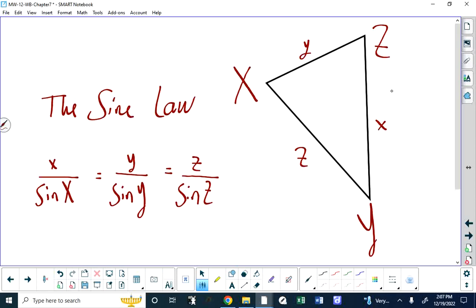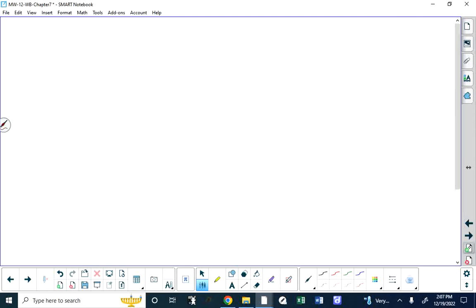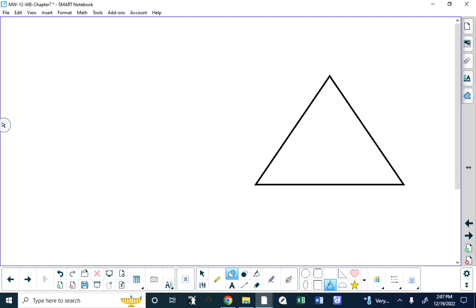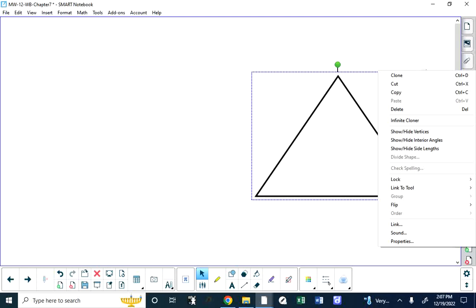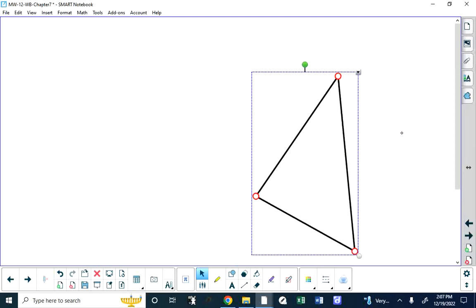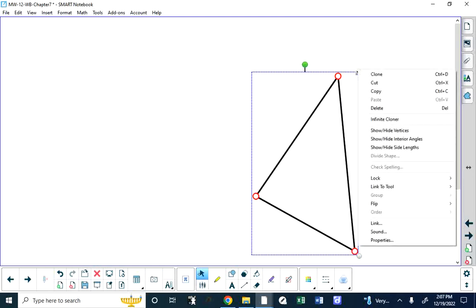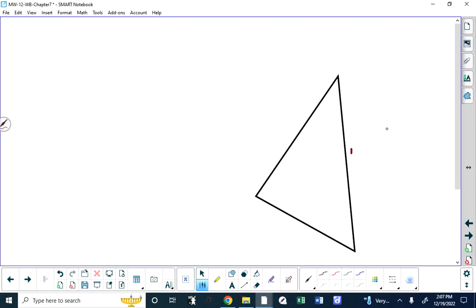And what we did the day before our last class, which would have been Thursday, was we solved problems where you had, for example, a triangle, doesn't matter, I'll put some numbers in here. Let's say that this is 20.